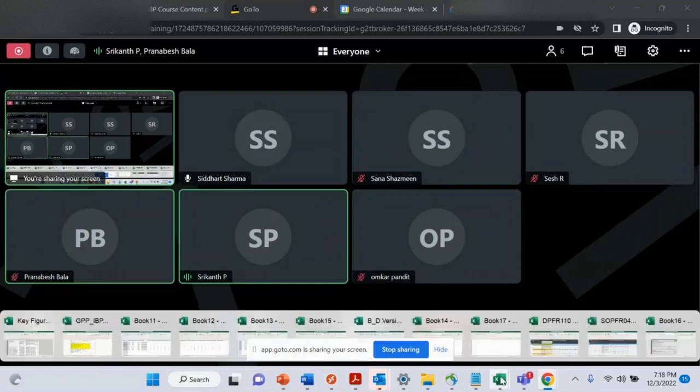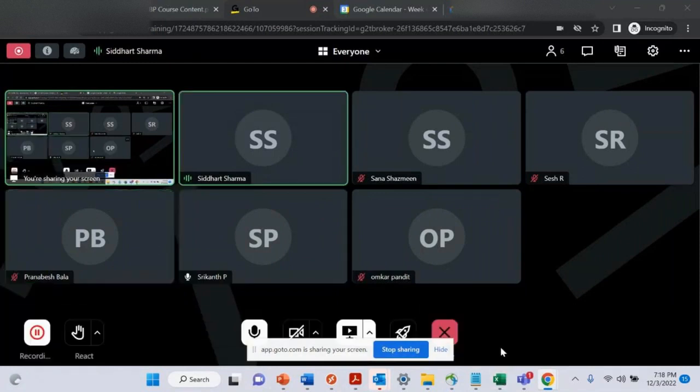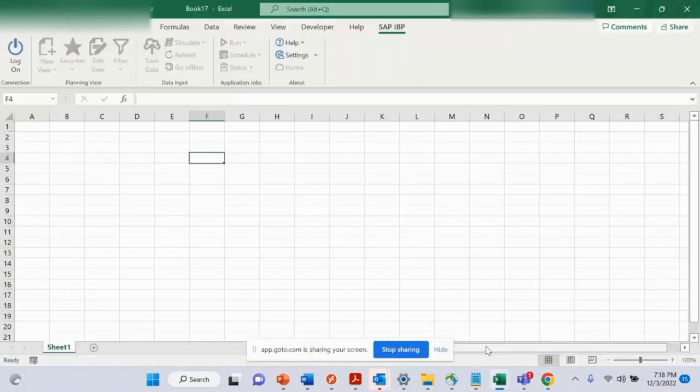Okay, so now let me give you a little bit of introduction to what IBP is. As per the SAP system, SAP developed IBP in 2002.